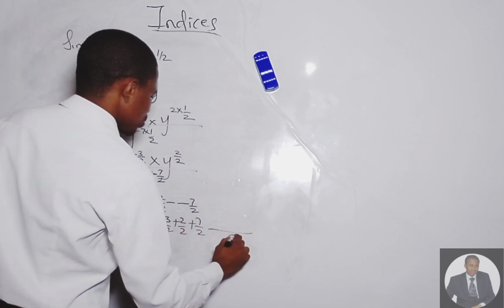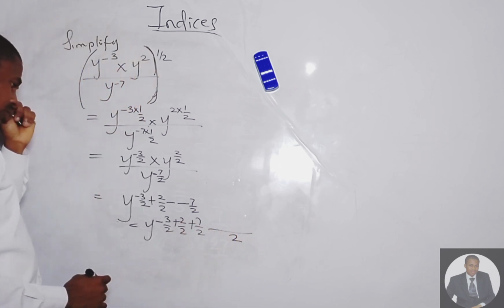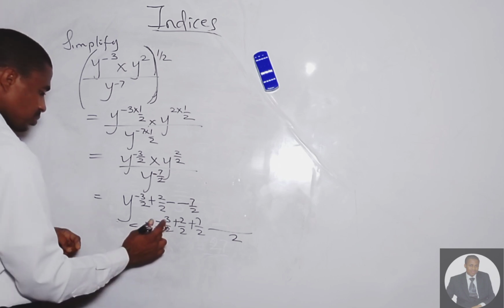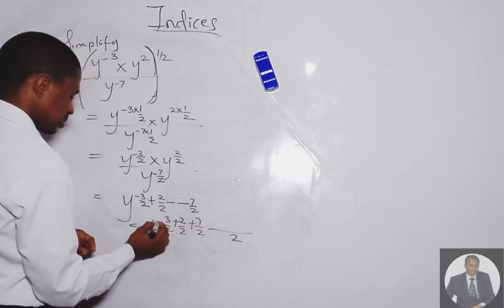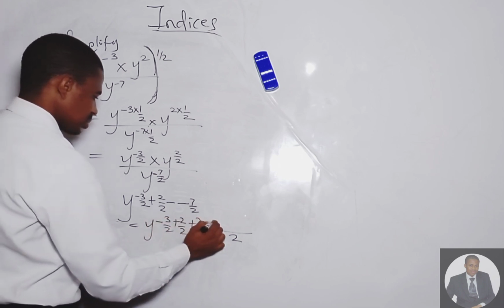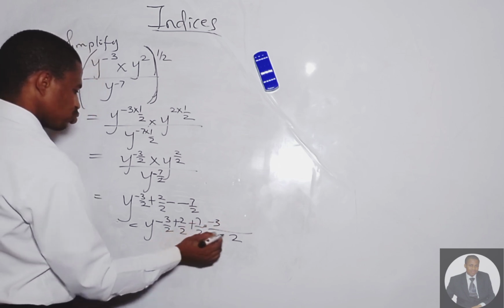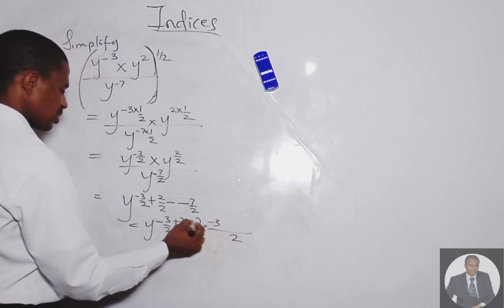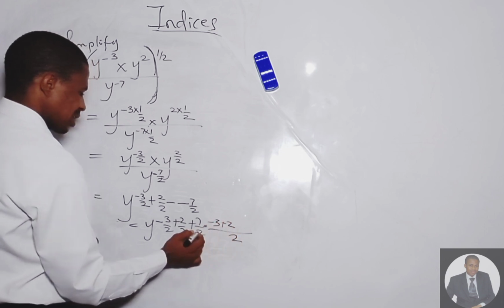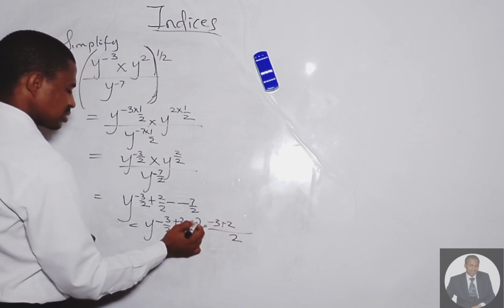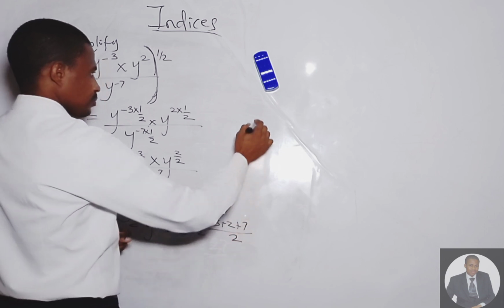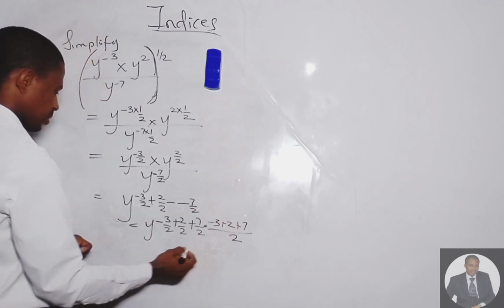The common denominator is 2. How many 2 is in 2? 1. 1 times 3 is 3. How many 2 is in 2? 1. 1 times 2 is 2. How many 2 is in 2? 1. 1 times 7, 7. So what do we have here?